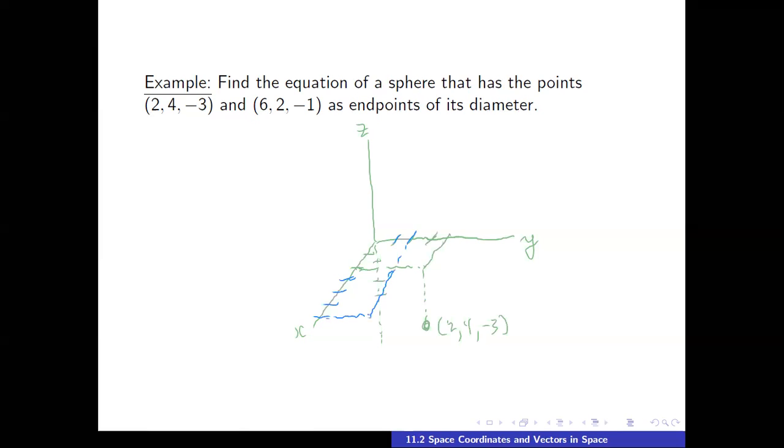And then what do I have? -1. So I'm going to go down 1. This thing right here is supposed to be the diameter of our sphere. Let me label it: this point is the point 6, 2, -1.